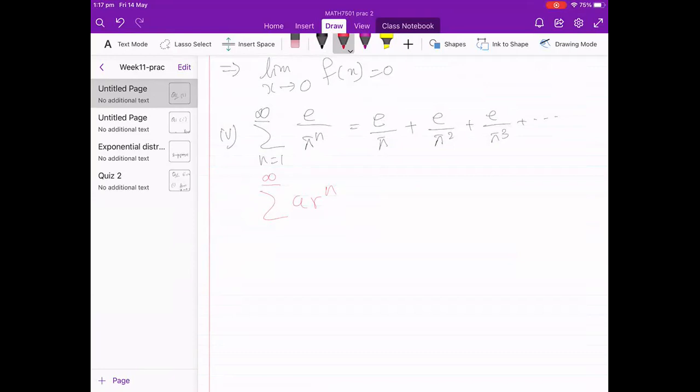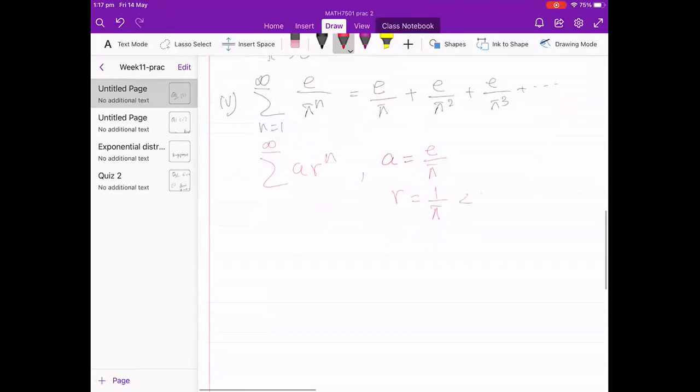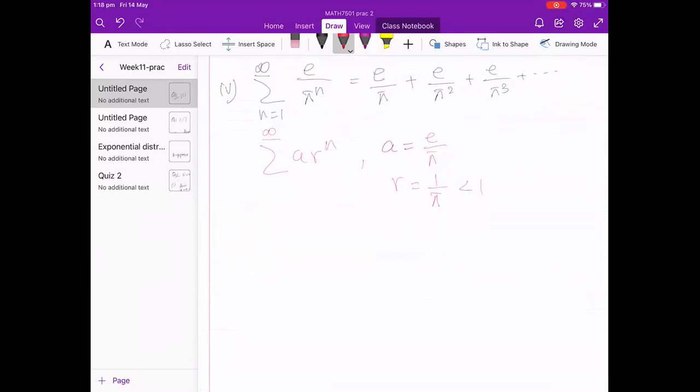a is the first term. What's the first term? Yeah, so a is in this case e to the power pi. What is the common ratio? Yeah, it's 1 over pi, and 1 over pi is less than 1. So what do you conclude? Converges.